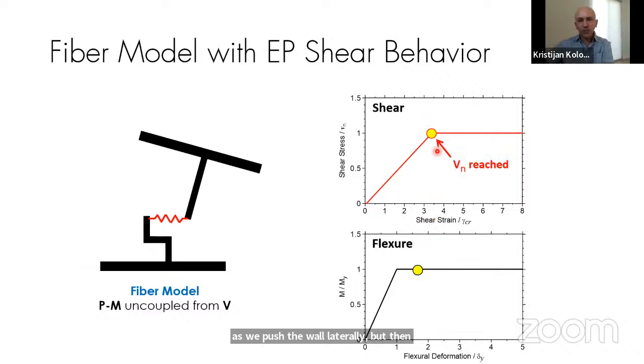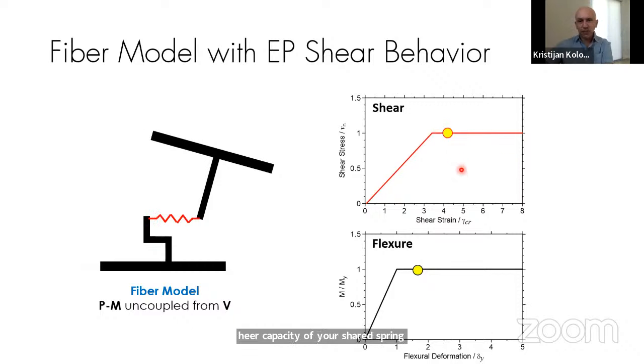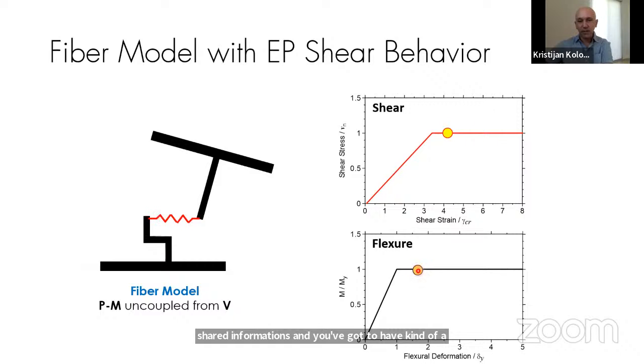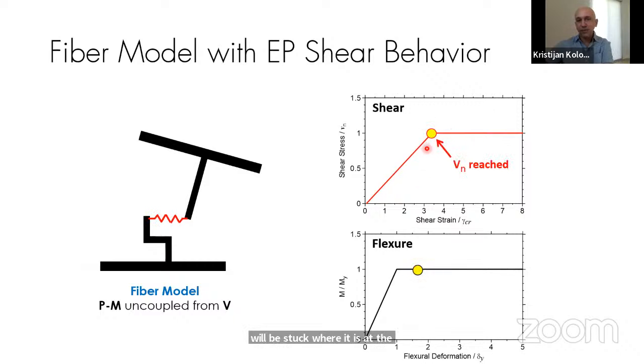But once you reach the shear capacity of your shear spring, at that point, you're just going to be sliding along these shear deformations, and flexure will be stuck where it is at the point of shear yielding. So that's the limitation of these models, the MVLEM, as well as any other fiber model with uncoupled flexure and shear behavior. They're good for slender walls, for flexure controlled walls, they're great, but when it comes to moderate or squat walls, they have these limitations.